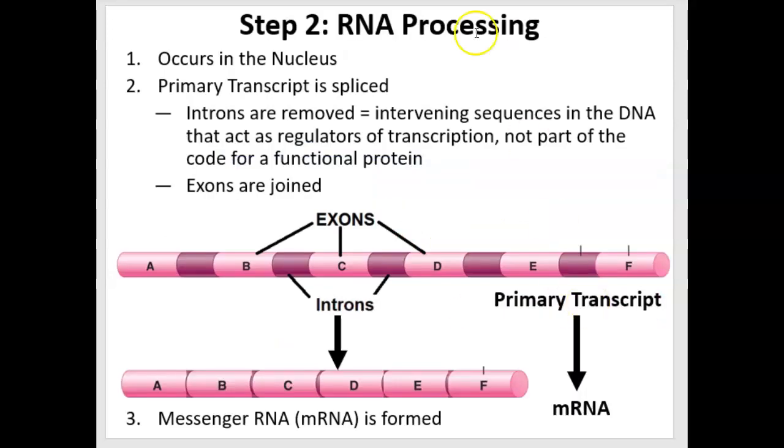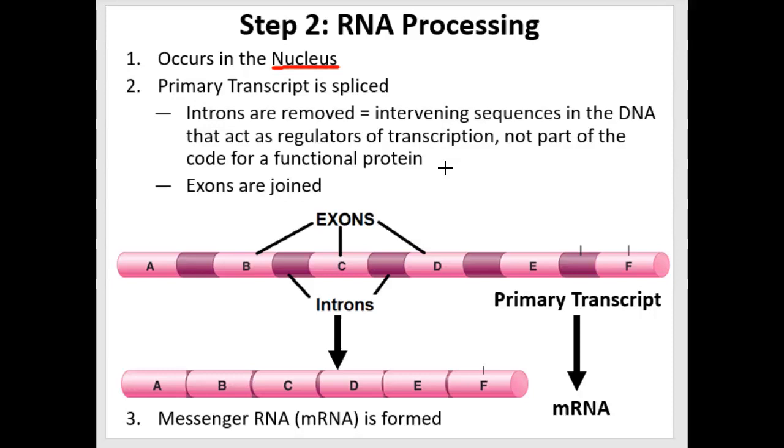The next step that happens is called RNA processing, and this happens in the nucleus. The major process that we're going to talk about here is called splicing. There are a few other things that happen, but splicing is what's relevant for us.